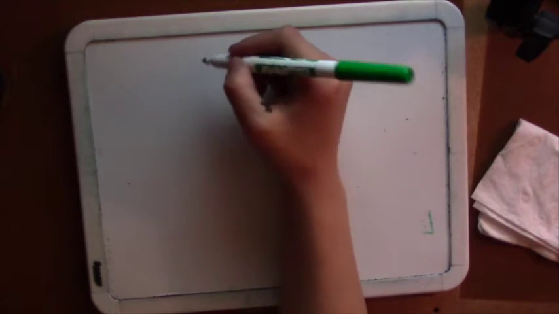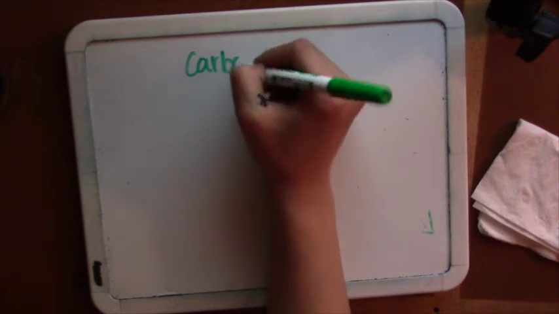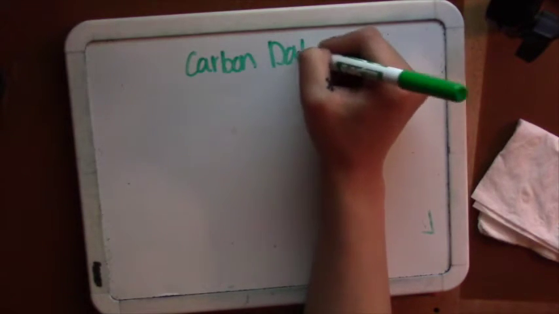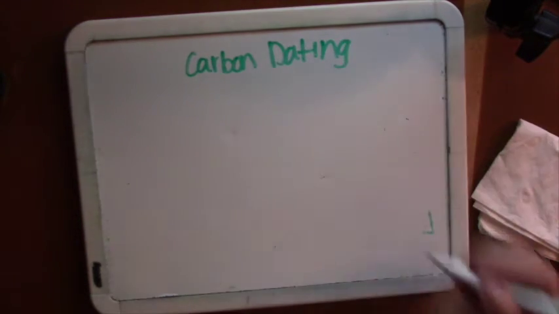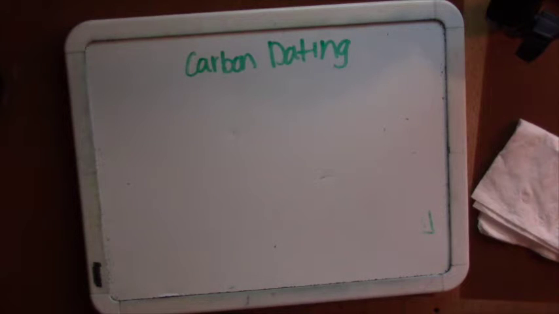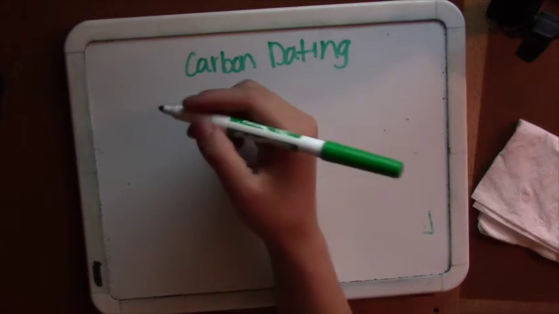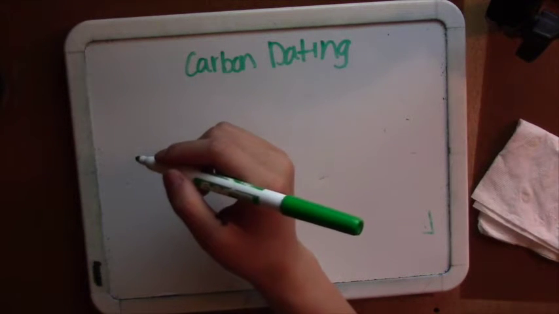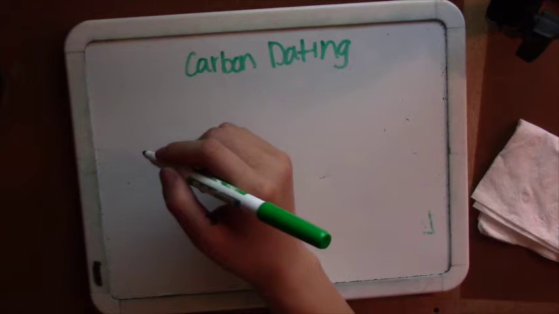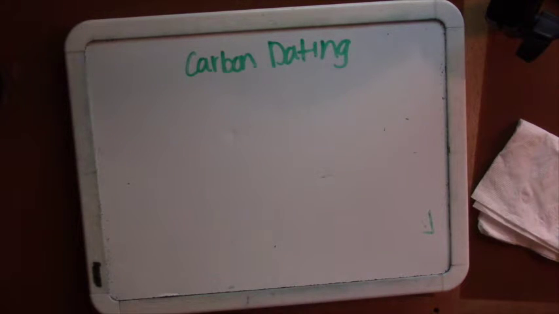So the next really important thing in half-lives is carbon dating. What carbon dating is, is a method of radio dating which is used to date rocks.